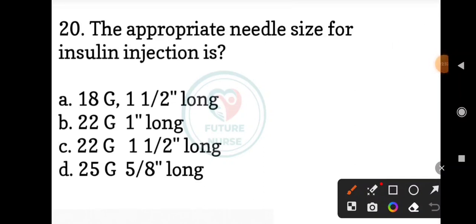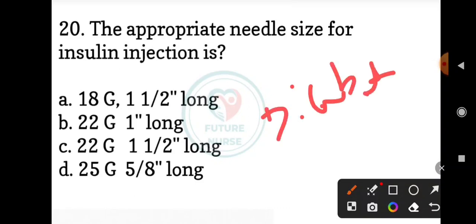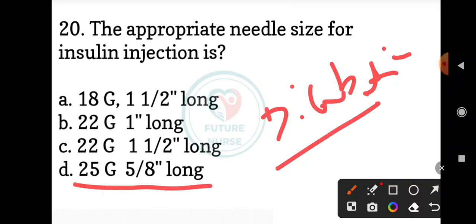So now let us see, for diabetic patients they need insulin injection. For that we need to have an insulin syringe which has needle size 25 gauge.